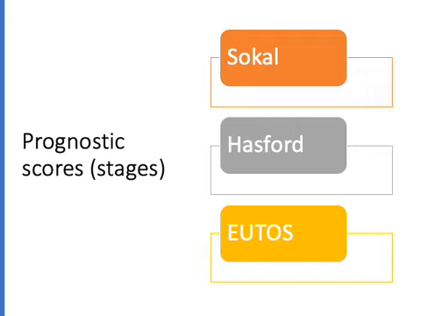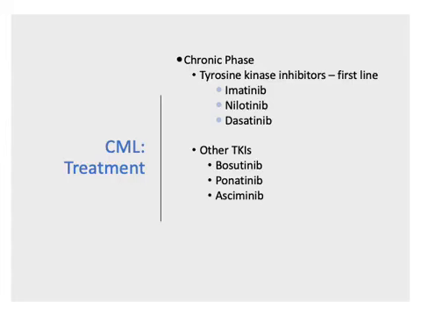However, the rate of response to TKI is now a more useful measure of prognosis. Tyrosine kinase inhibitors, or TKIs, are the mainstay of treatment for CML, and several different drugs are now available. This includes imatinib, nilotinib, dasatinib, and ponatinib. Newer drugs include bosutinib and asciminib.